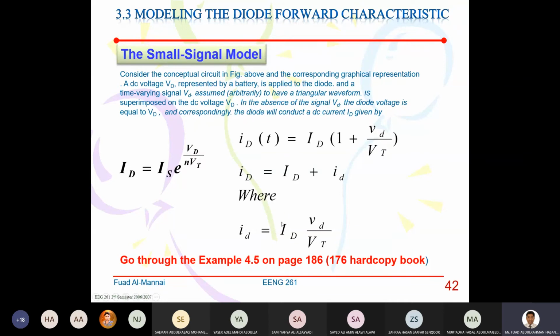You can go and solve example 4.5 on page 186 of the soft copy, or if you have the hard copy, it will be on page 176, Sedra Smith.